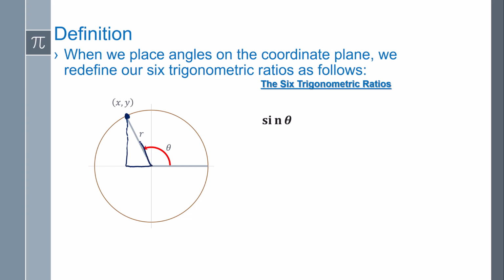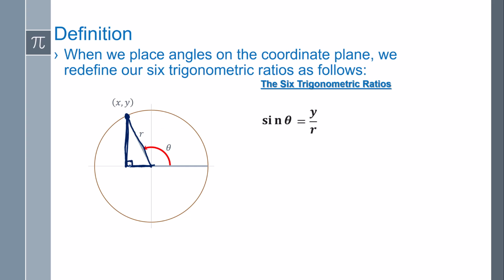Now, this reference triangle is always perpendicular to the x-axis. Always perpendicular to the x-axis. So the x is always along the x. We don't draw the y on the y-axis. It has to be perpendicular to the x when we draw it, every single time.